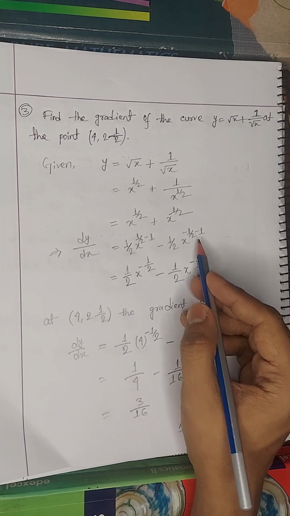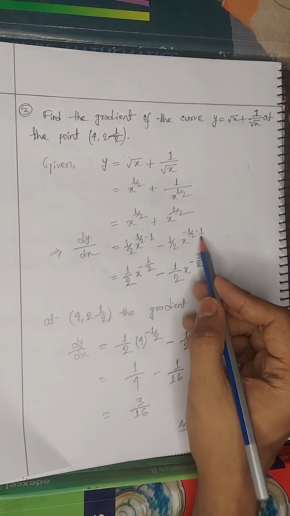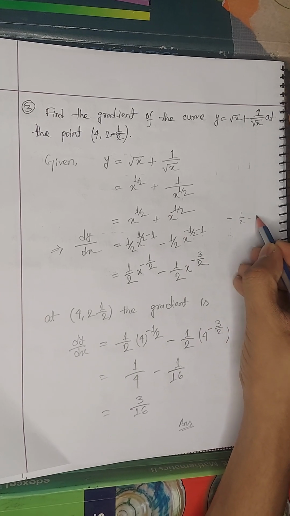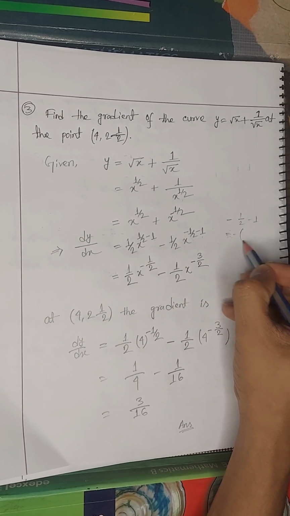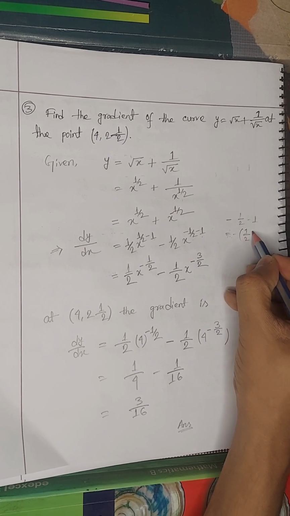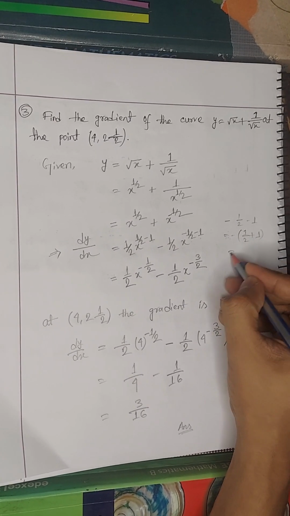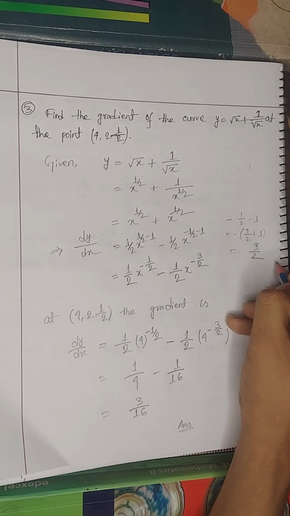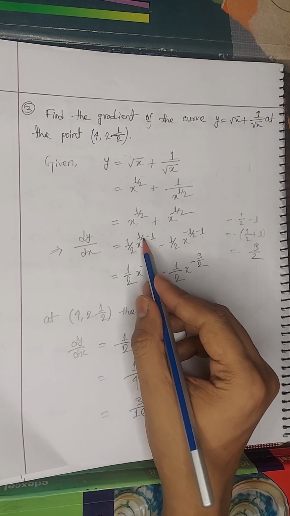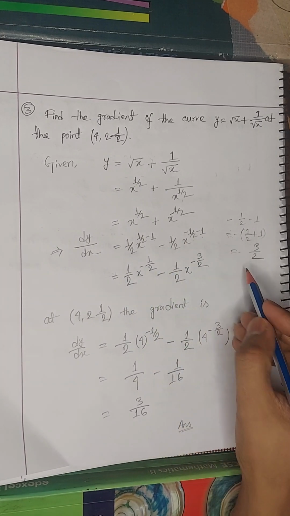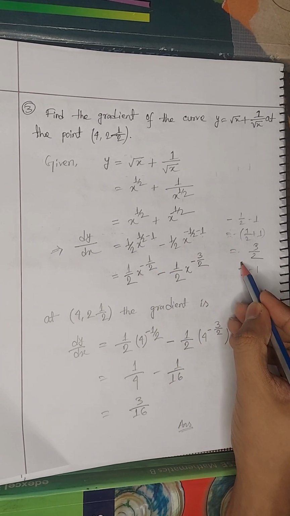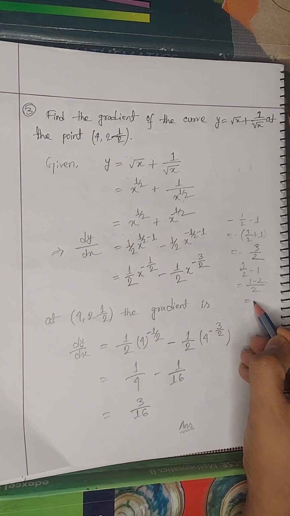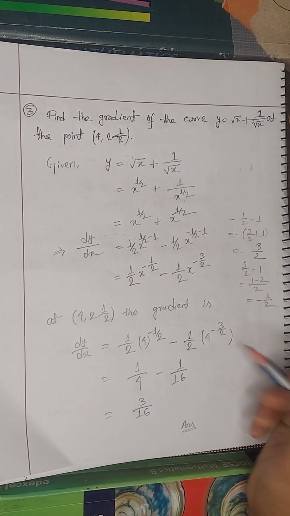In a similar way, minus half minus 1: if we take minus in the bracket, it will be half plus 1, so this is 3 by 2, which is minus 3 by 2. And half minus 1, if we do the LCM here, 1 minus 2, that is minus 1 by 2.